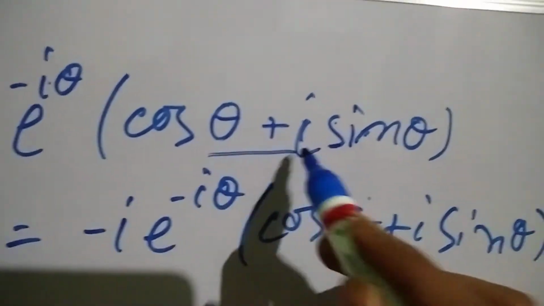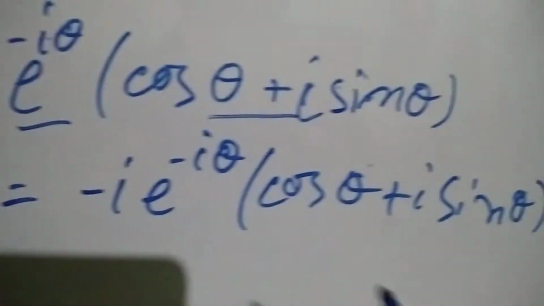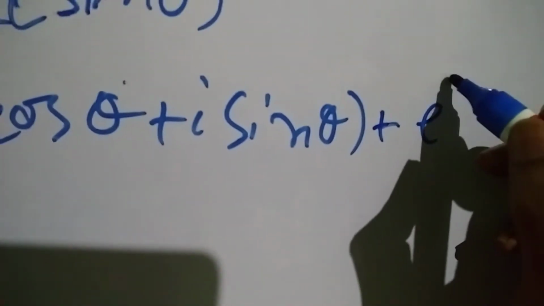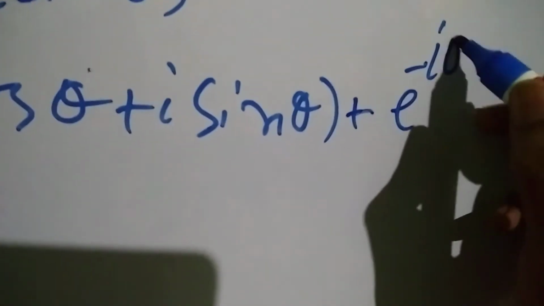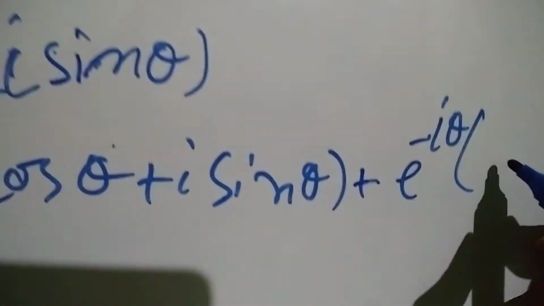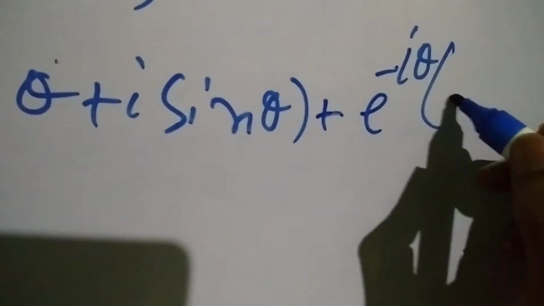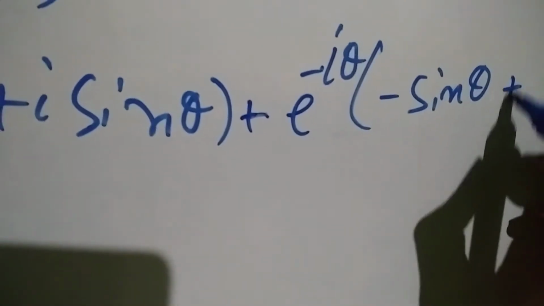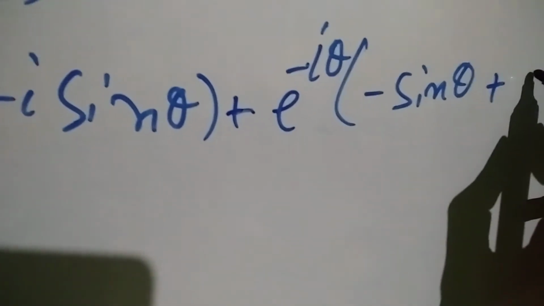For the next term, this portion will be fixed. You know the derivative of cos theta is minus sine theta, and for sine it's cos theta.